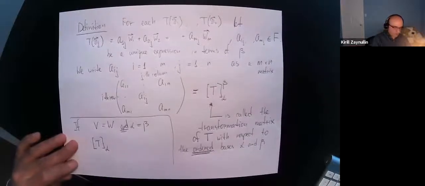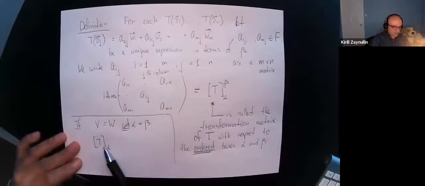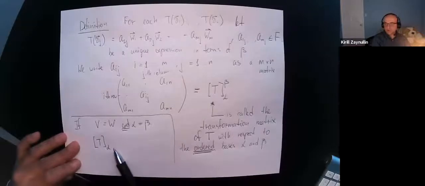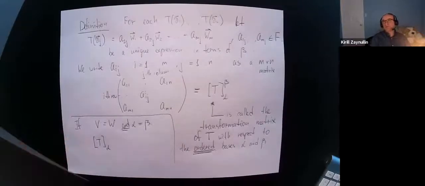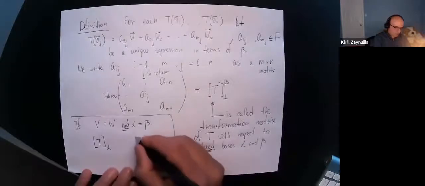Okay. Now, sometimes the basis is fixed, like for instance if we are talking about R^n, a linear operator on R^n, and we choose the standard basis. Whenever we're dealing with the standard basis, so alpha and beta just coincide with the standard basis, then we can write simply T in the brackets.